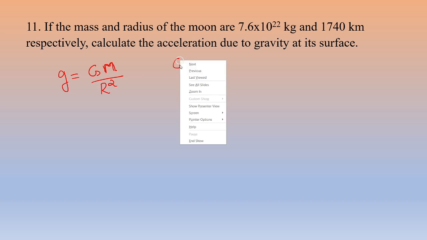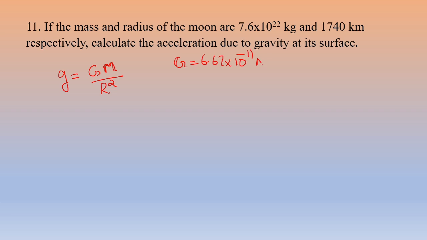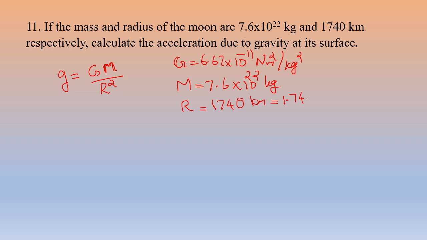Here the value of capital G is equal to 6.67 into 10 raised to negative 11 Newton meter square per kilogram square, and the mass of the moon capital M is equal to 7.6 into 10 raised to 22 kilogram, and the radius of the moon is equal to 1740 kilometer, that we can express as 1.74 into 10 raised to 6 meter.